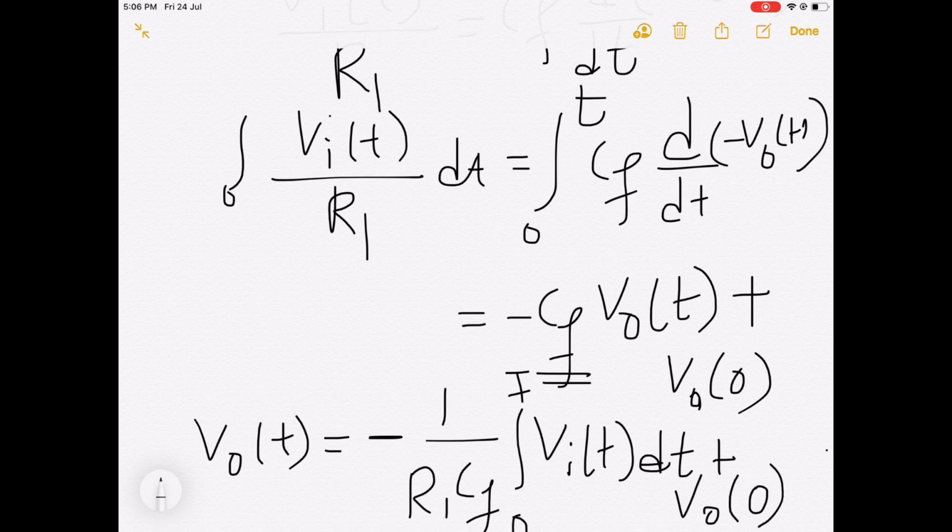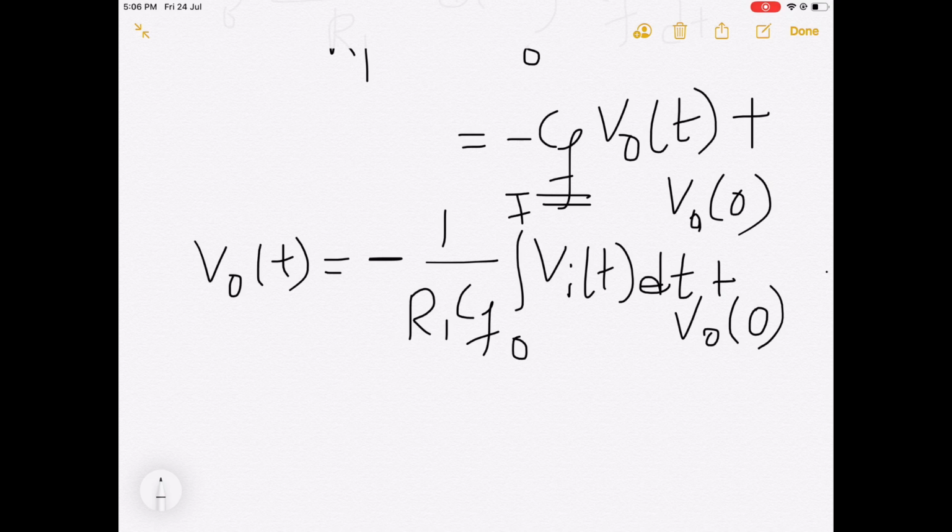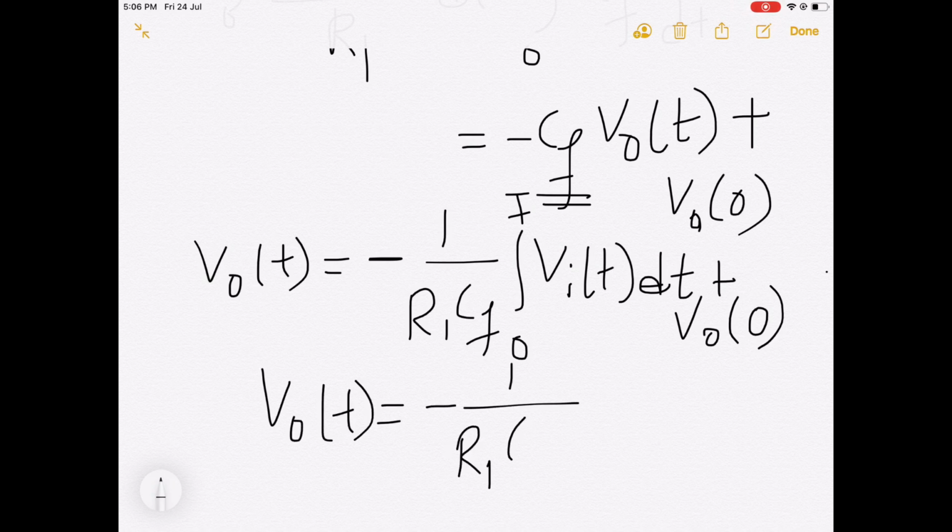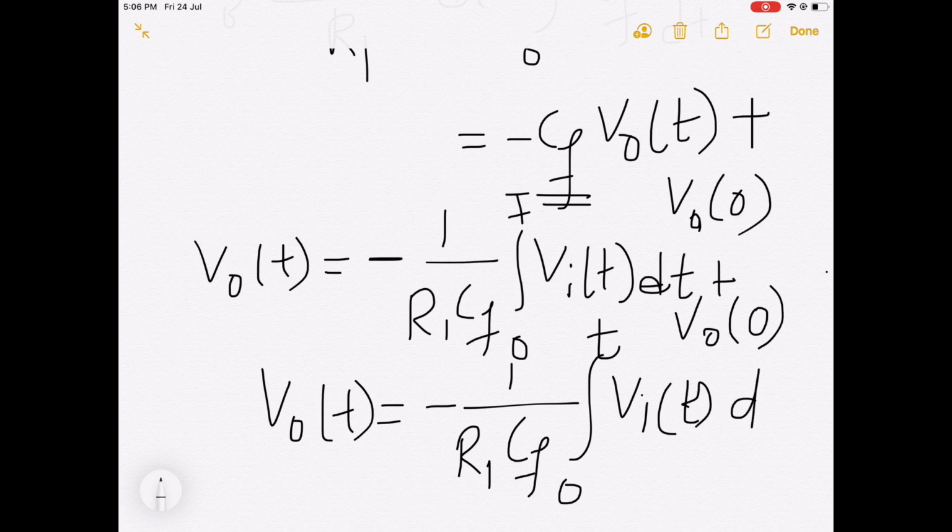Vo of 0 is the integrating constant, so at t equal to 0 it is 0. Okay. So finally Vo of t is equal to minus 1 upon R1 Cf into integration of 0 to t Vi of t dt.